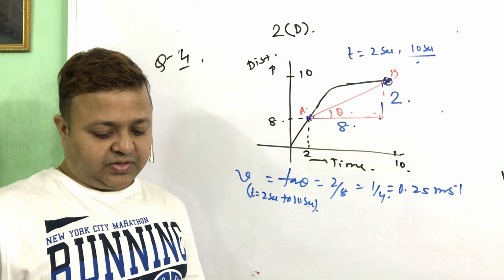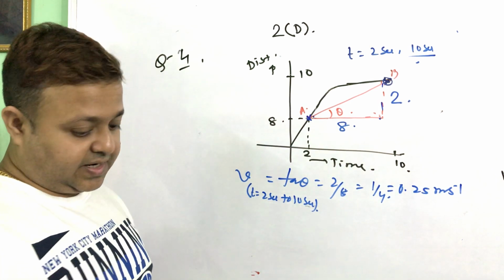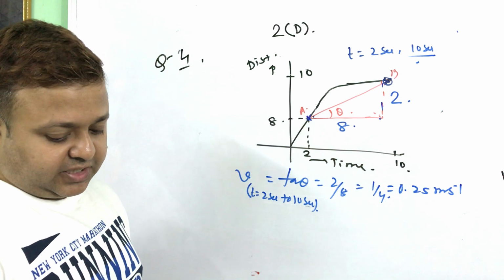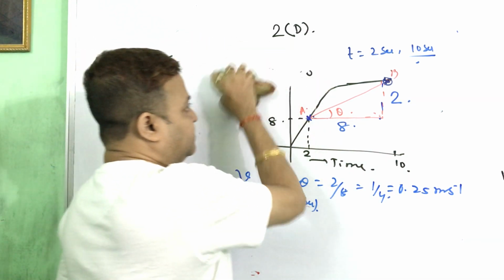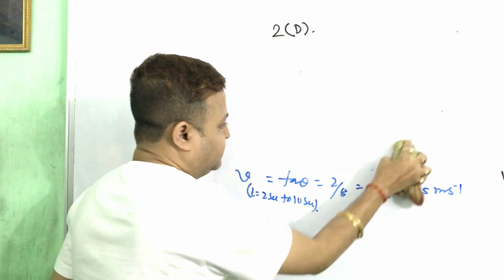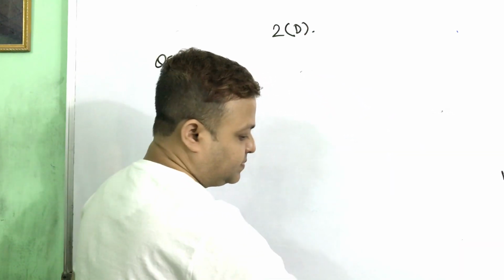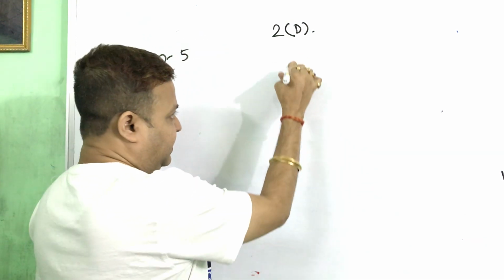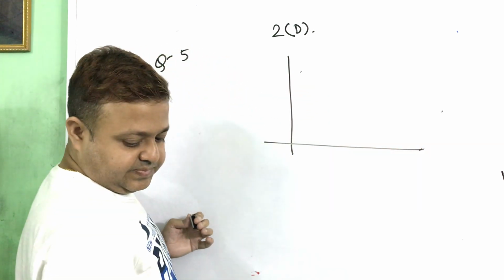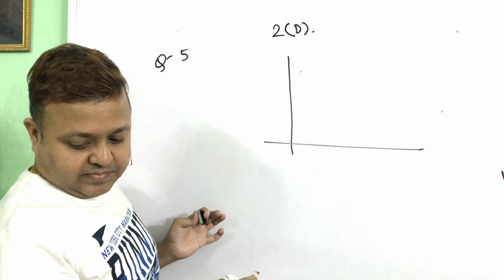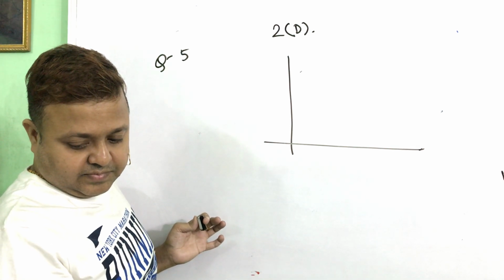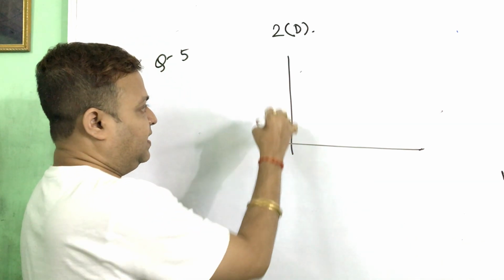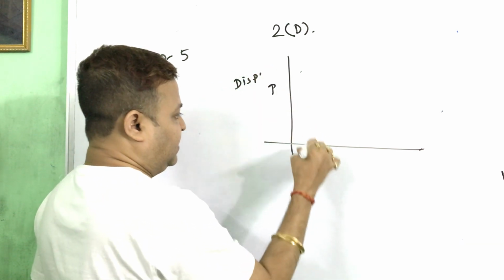Next, find the average velocity in the interval 0 to 5 seconds from the following diagram. Number 5. If you haven't finished writing, check once more. This is displacement and this is time.